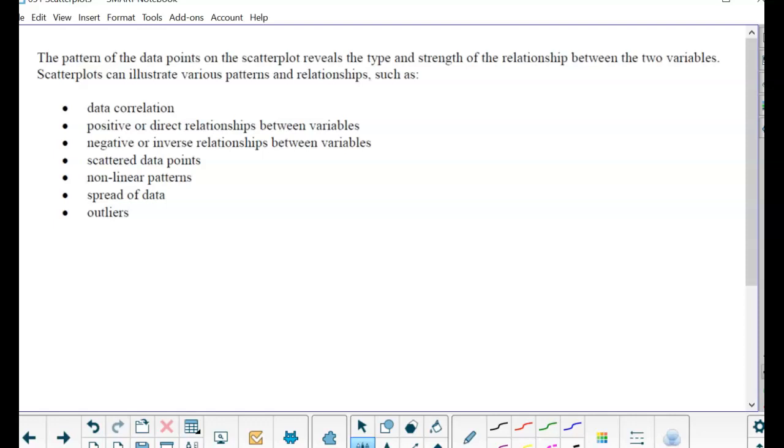Scattered data plots, nonlinear patterns, maybe it follows a quadratic or a cubic, or an exponential or a sinusoidal, whatever. The spread of data, is it all spread out? Can you even see a pattern? And outliers. Is there one value that is totally different from the rest? We talked a little bit about that with our box and whisker plots.